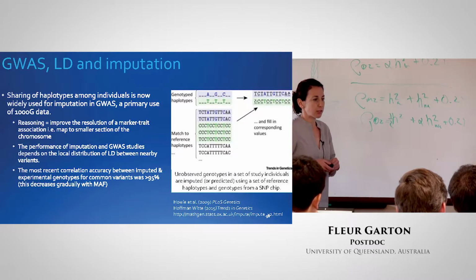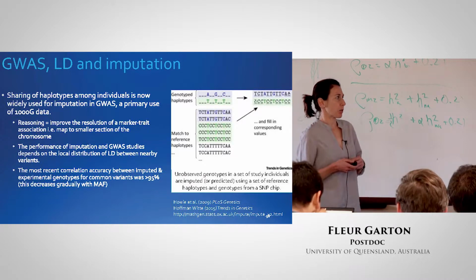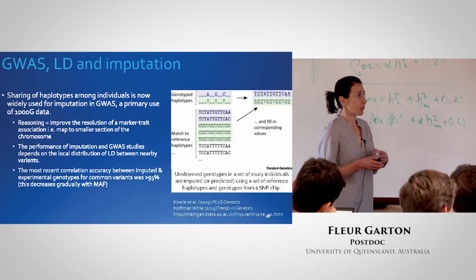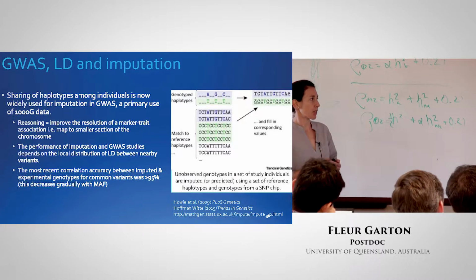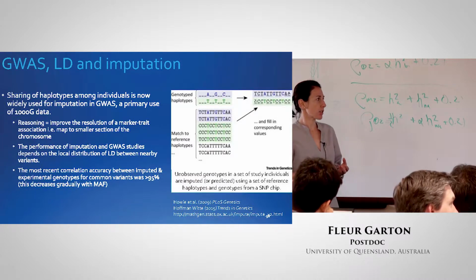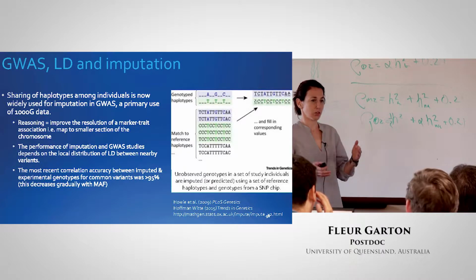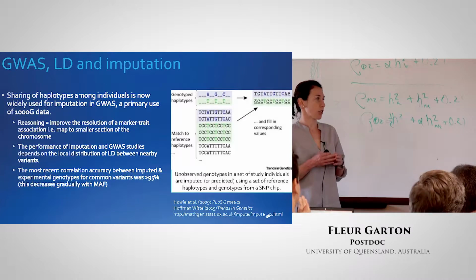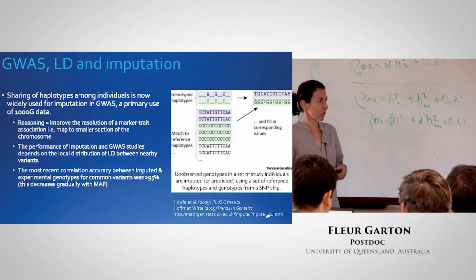Yeah. So another main reason that linkage disequilibrium is actually useful, and the sharing of haplotypes essentially, is that it's widely used for imputation in GWAS. The reason that you do this is that you can improve the resolution of a marker trait association and map it to a smaller section of the chromosome.